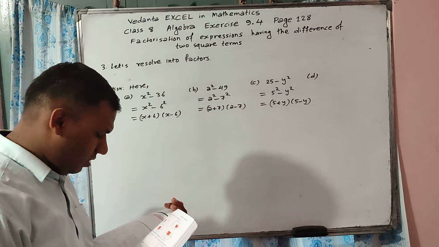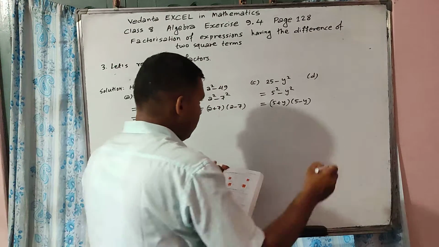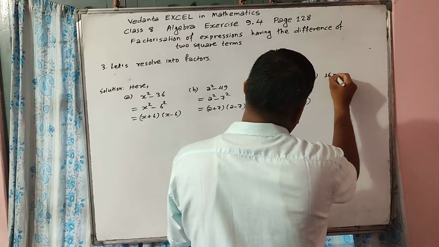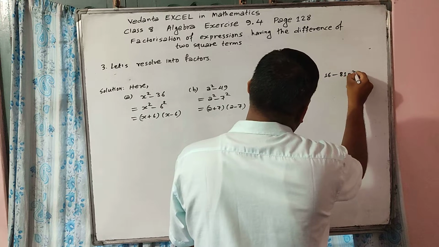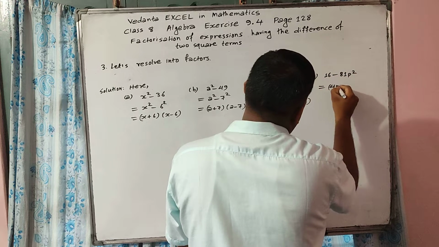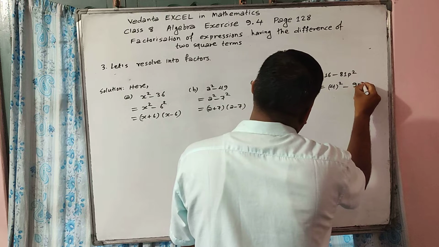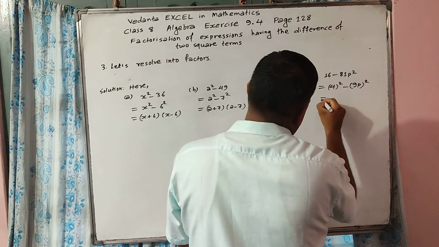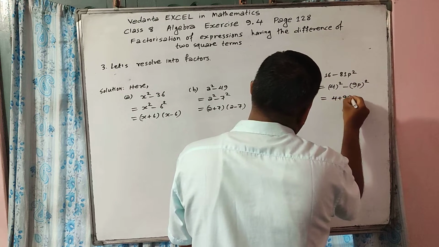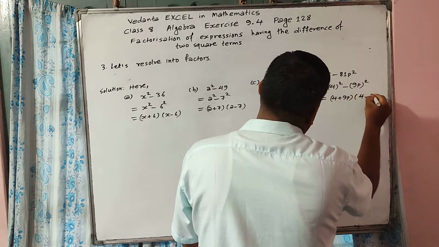On D we have 16 minus 81p square. This is equal to 4 square minus 9p whole square. That is 4 plus 9p, 4 minus 9p.